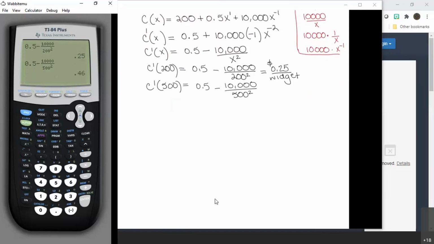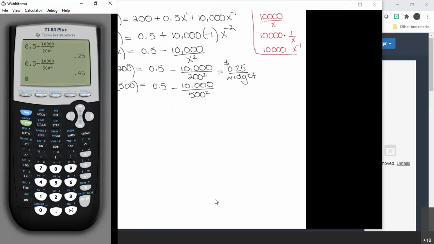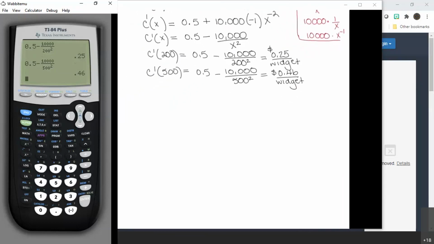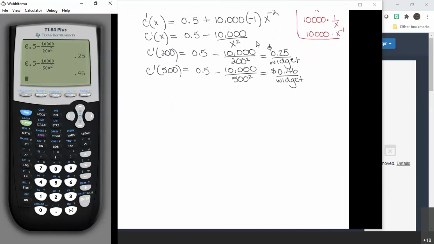And that gives me 0.46. To interpret the results here, if I were to make the 201st widget, my cost would go up by 25 cents. If I were to make the 501st widget, my cost would go up by 46 cents. So marginal cost is increasing, but slowly.